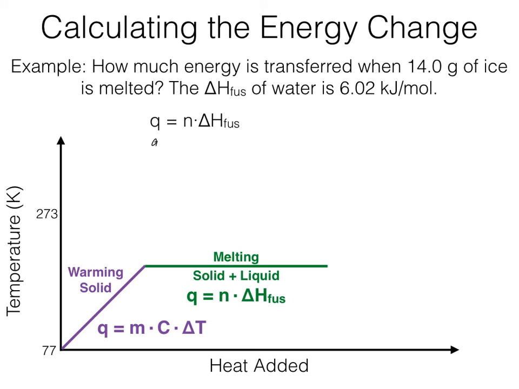And so the Q is going to be, the first thing I have to have is moles. And so I have to convert from 14 grams. Water is 18 grams per 1 mole. And so 0.778 moles of water.